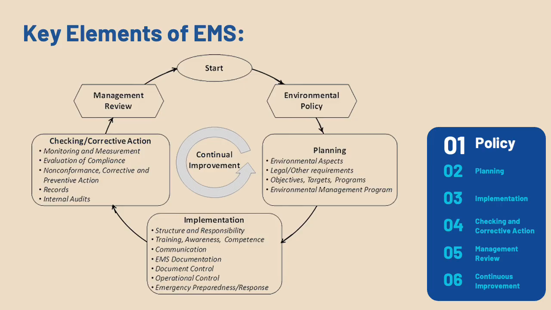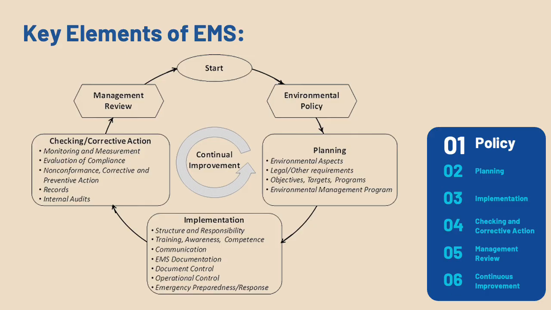Now, let's talk about the backbone of EMS. It's the key elements. There are 6 of them, as you can see on this slide. We start with policy, where this policy actually sets the company's environmental vision. Then comes planning, where the blueprint for action is created.